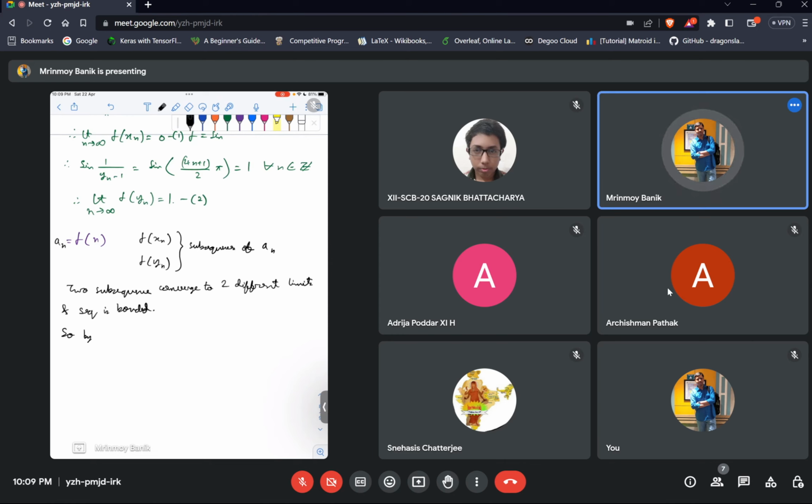So by the corollary of the Bolzano-Weierstrass theorem, An is divergent.